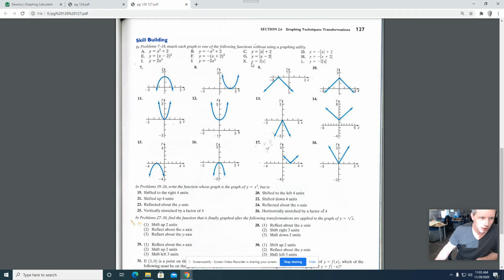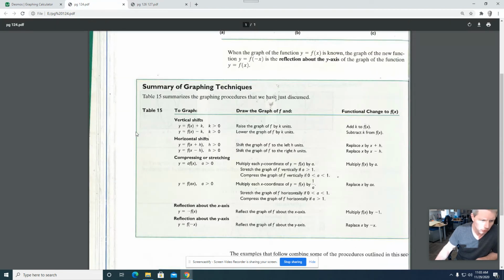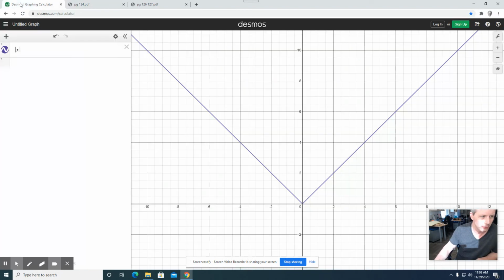In order to flip across the x-axis, I'm going to go back to my original rules. Here we have reflection about the x-axis. If you take y is equal to minus f of x, it reflects across the x-axis. So all you're doing is multiplying your original function by minus 1. If I go here to Desmos, here's my function y is equal to the absolute value of x. That's my original function.